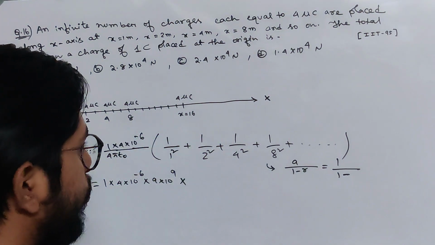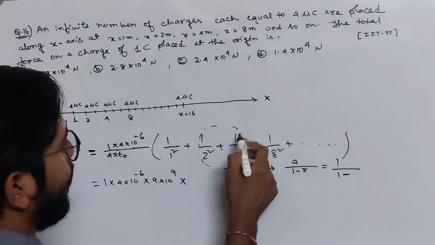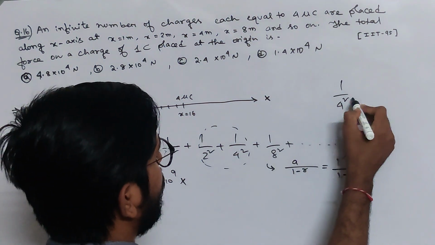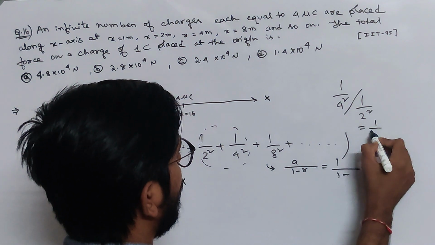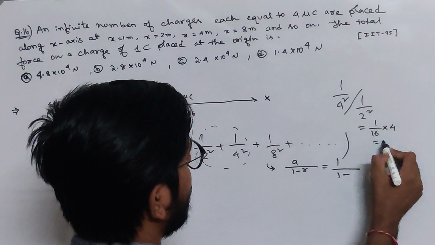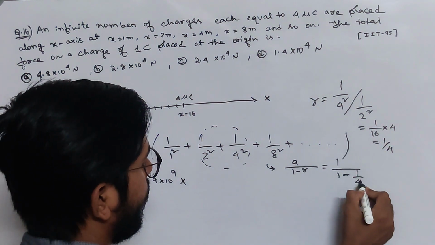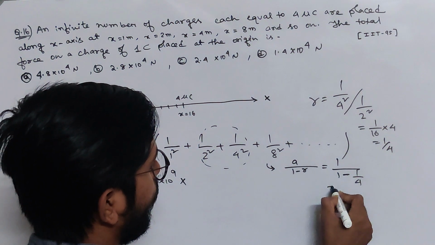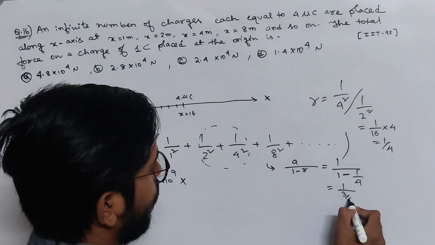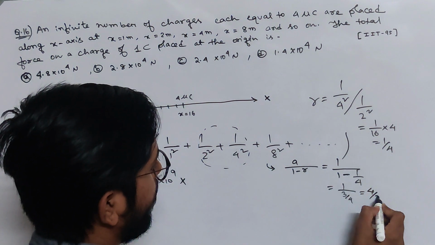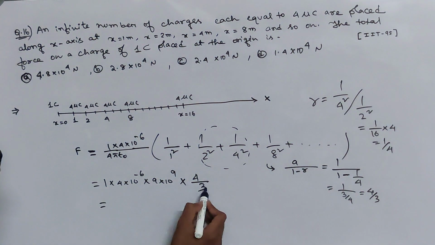Let me verify R from two terms: 1 by 4 square divided by 1 by 2 square, that is 4 by 16, which is nothing but 1 by 4. So the value of R is 1 by 4. Then 1 minus 1 by 4 is 3 by 4, so the sum is 4 by 3. So this term is 4 by 3. So what will be the answer?